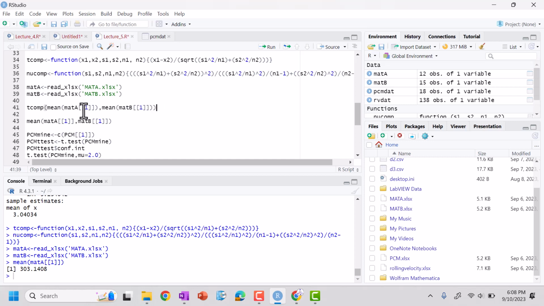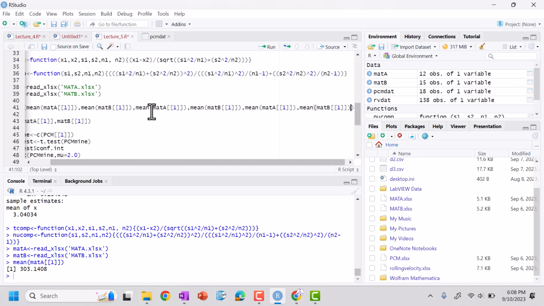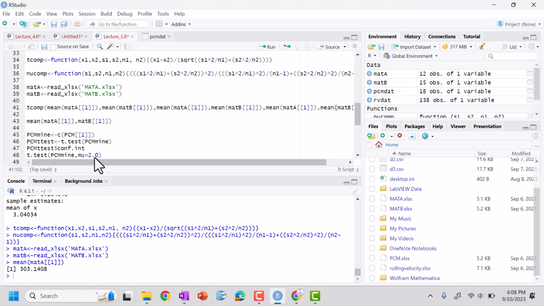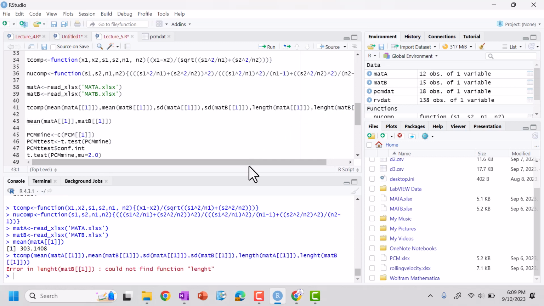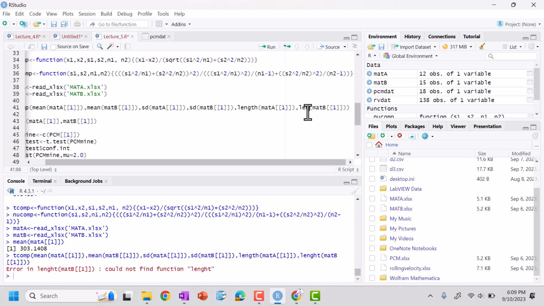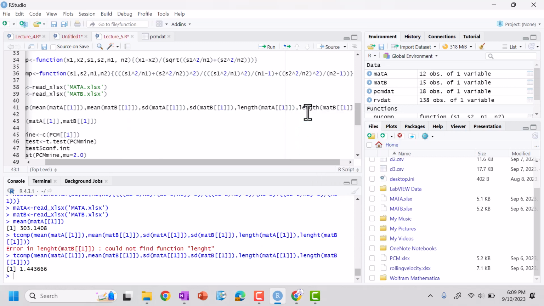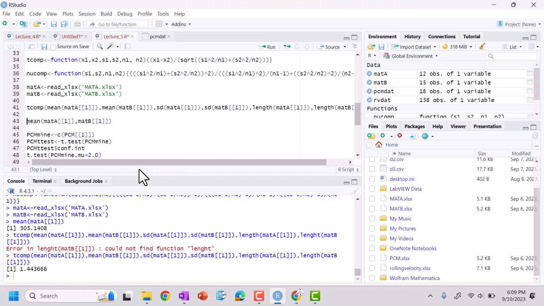It's actually not going to be that bad. We need the mean, the standard deviation, and the length for each, and we're going to control enter that. So that is our t-comp, 1.44 something. Okay, let's keep that in the back of our mind.